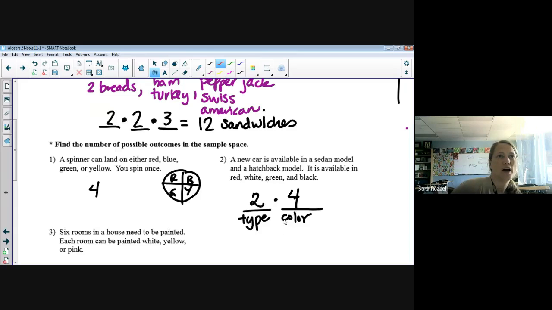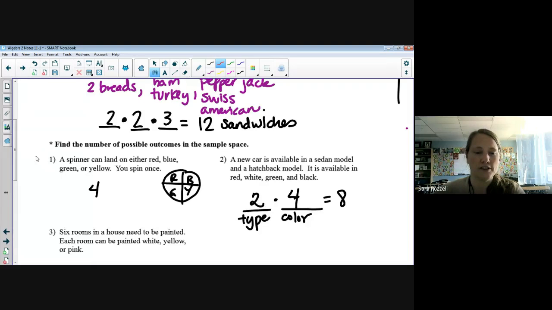So how many different possibilities do we have for our cars? 8, right? 2 times 4, and that makes 8. It can be a sedan that's one of those 4 colors, or a hatchback that's one of those 4 colors, and that makes 8 altogether. Questions on that? Okay.